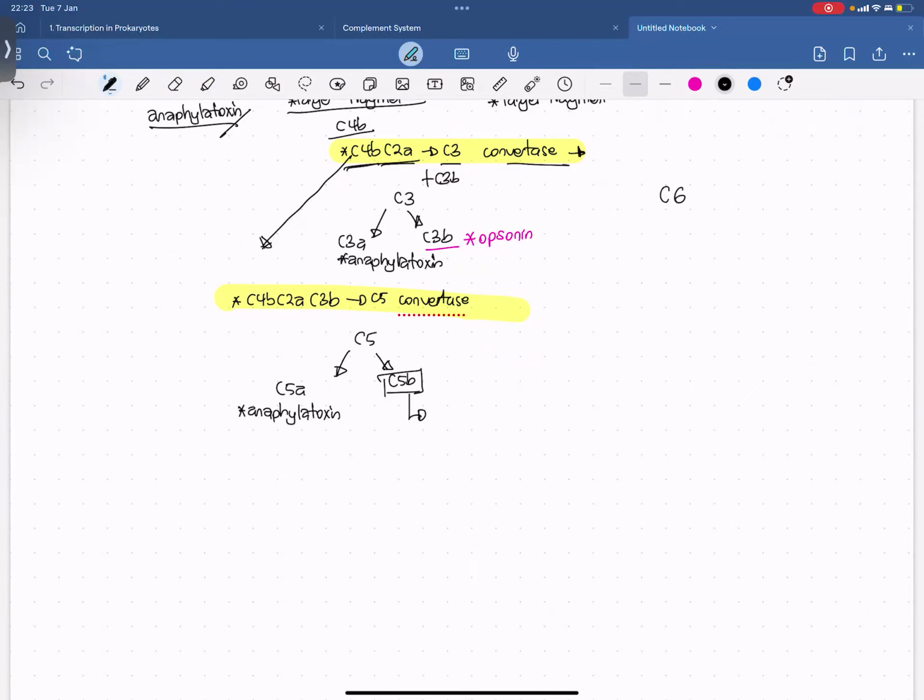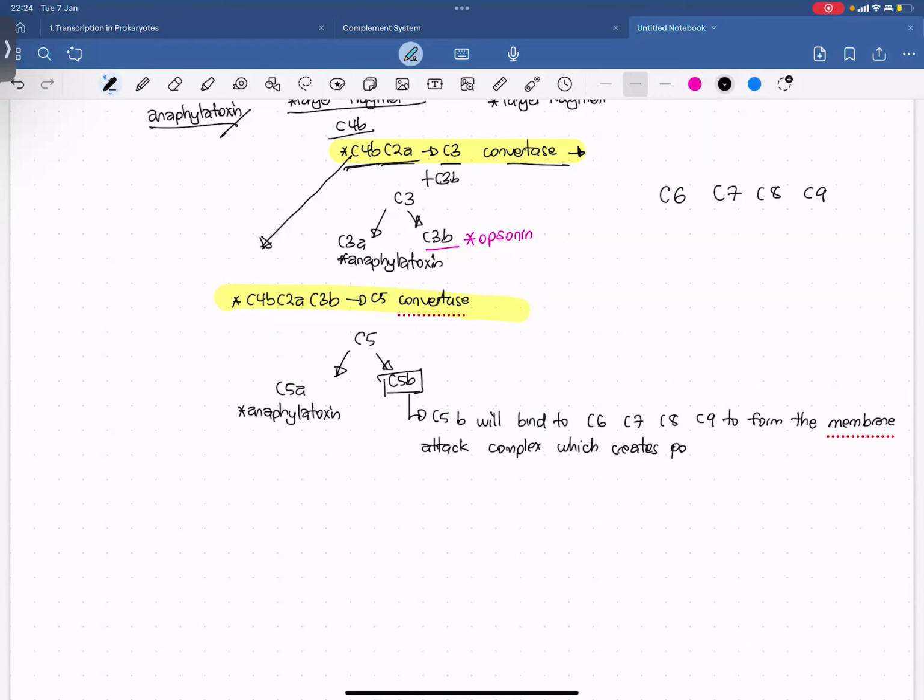It's going to bind to C6, C7, C8, C9 to form the membrane attack complex, which creates pores in the membrane of the pathogen, finally leading to lysis.